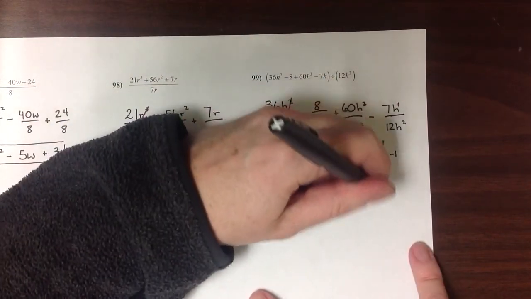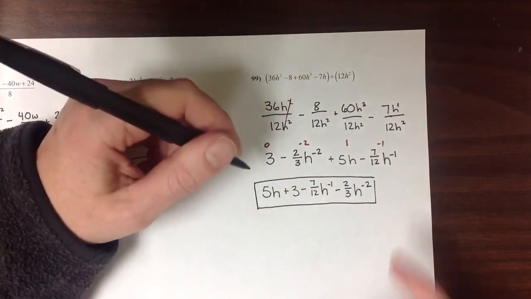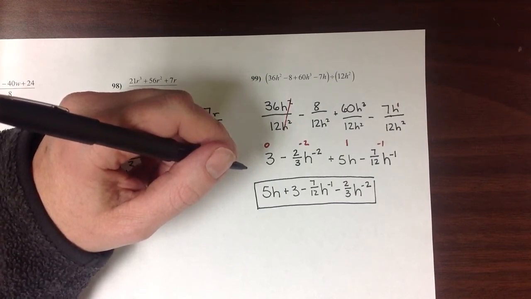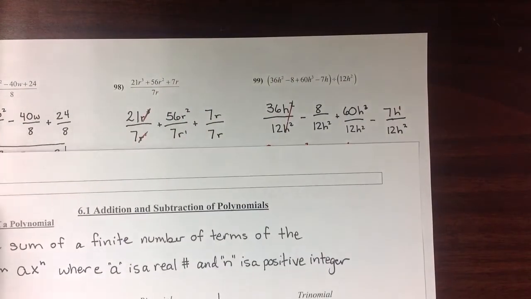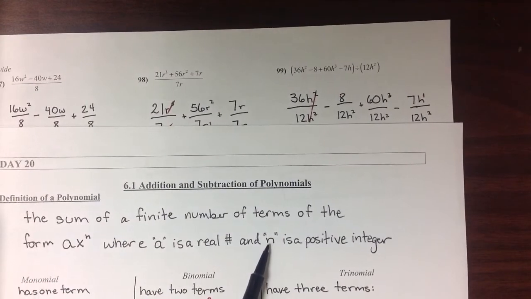And then one final note on this answer, circling all the way back to our very first definition of what it means to be a polynomial. Polynomials have to have positive integers on their exponents.